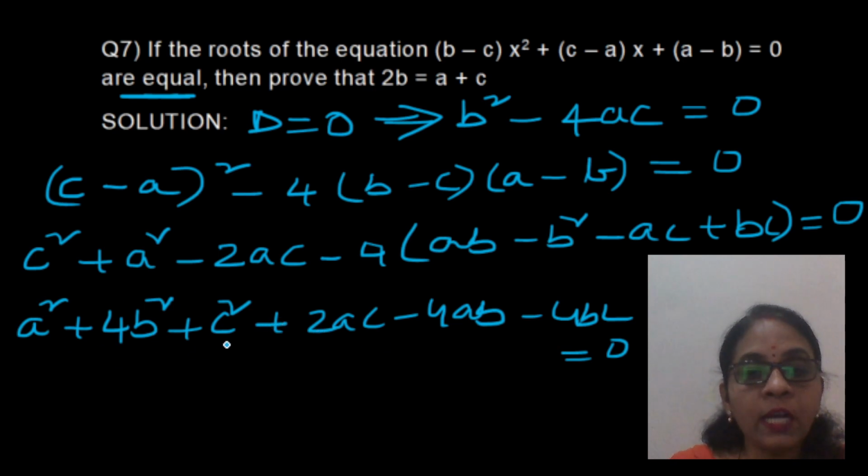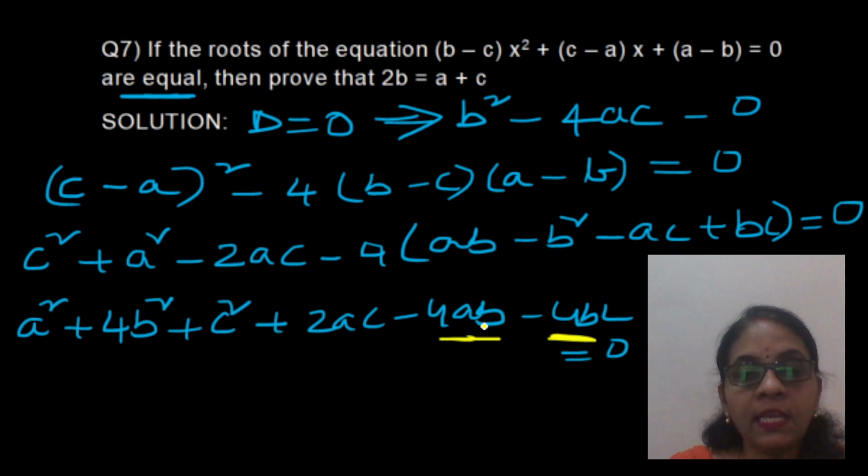Now how do you decide which term will be negative? Observe carefully which two terms have negative sign. In these two terms which have the negative sign, which is the common alphabet? B is the common alphabet.